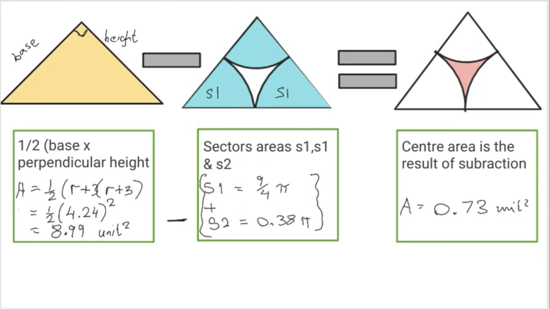So we subtract those, the two S1s plus the S2, and we will get a result of 0.73 units squared.